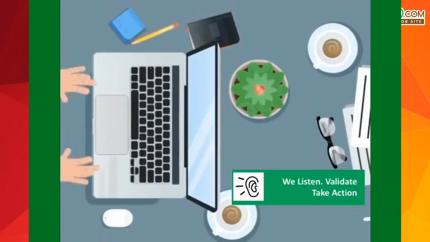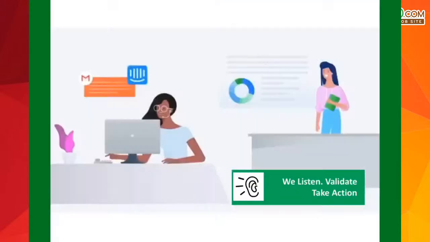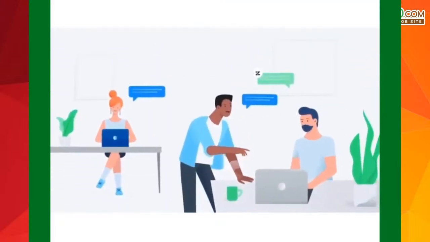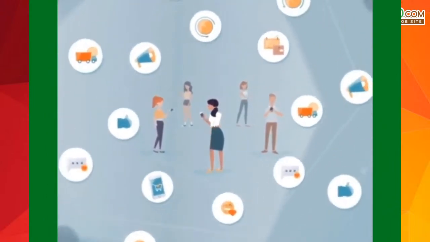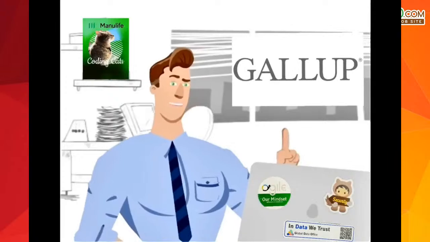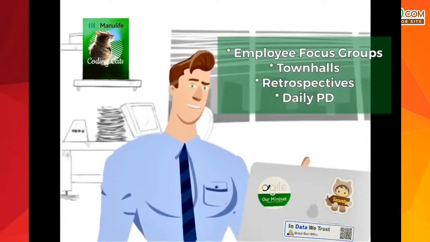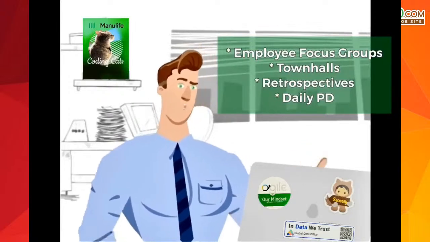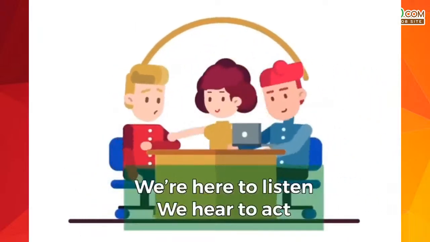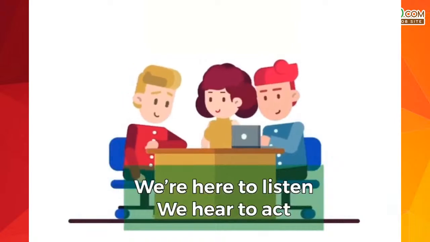Management accountability means that company leaders will listen, confirm, and action feedback at both an individual team and MIT-DC-wide level, through Gallup, employee focus groups, town halls, retrospectives, and the daily performance dialogue. We're here to listen. We're here to act.